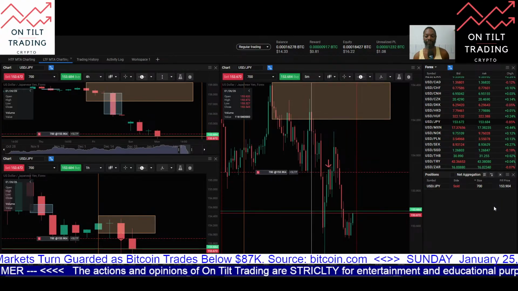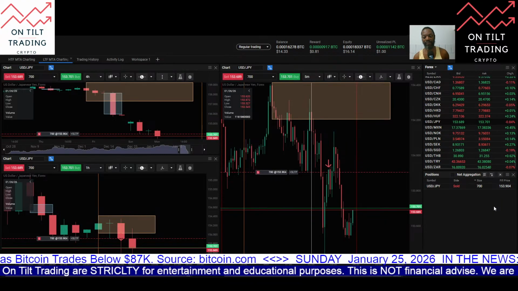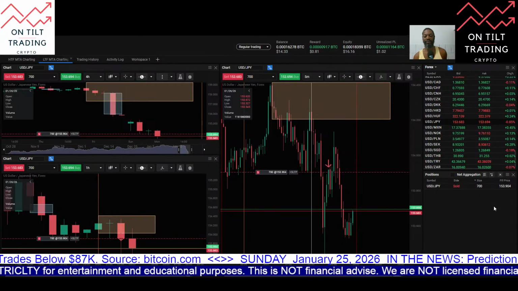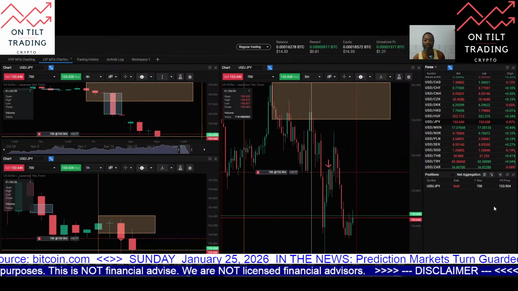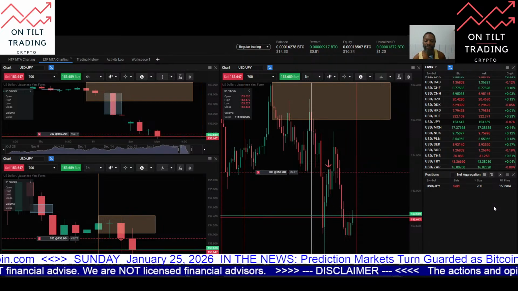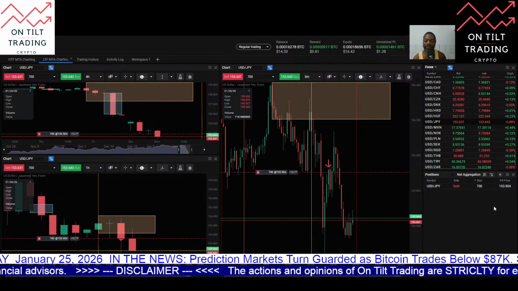Price still delivering further to the buy side, putting in a market structure shift to the buy side here. And seeing some sell side delivery with speed after that swing high on the 5-minute chart was swept.